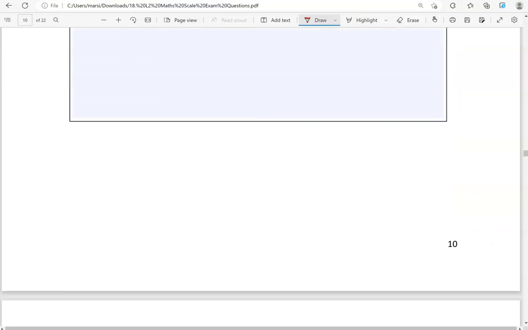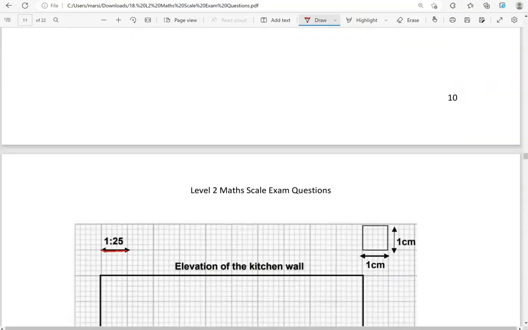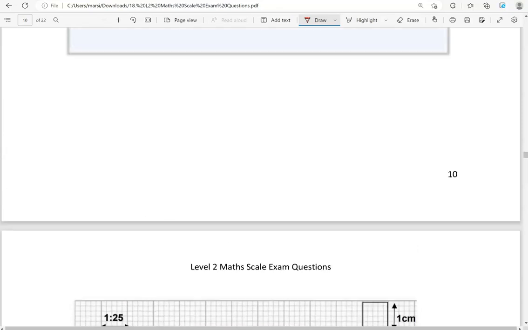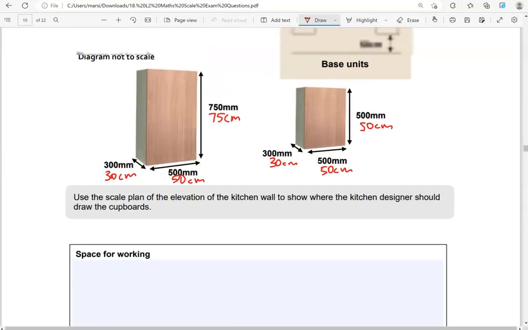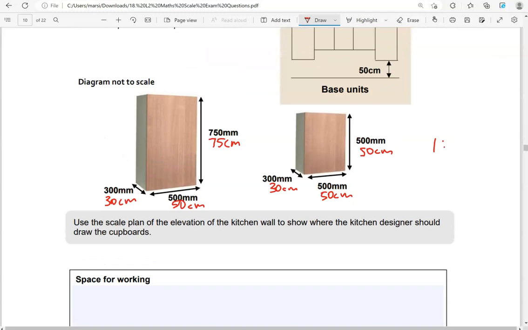So we've got 1 to 25. The scale. So 50 centimeters, in reality, that will be equal to 2 centimeters on the grid. This one as well, because it's 50 centimeters.